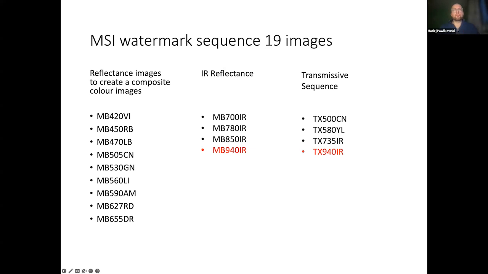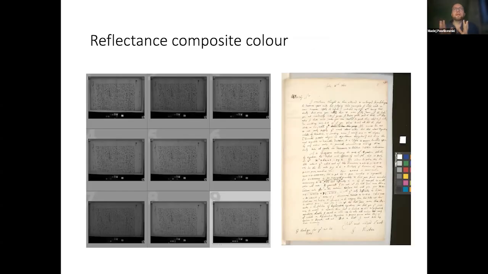These are the ones we use to make a composite color picture, which I'll show you in a minute as well. Then we use the infrared from 700 to 940, and then transmissive from 500 to 940, only for lights. And in red, I highlighted the ones which are really important and we discovered to work very well.